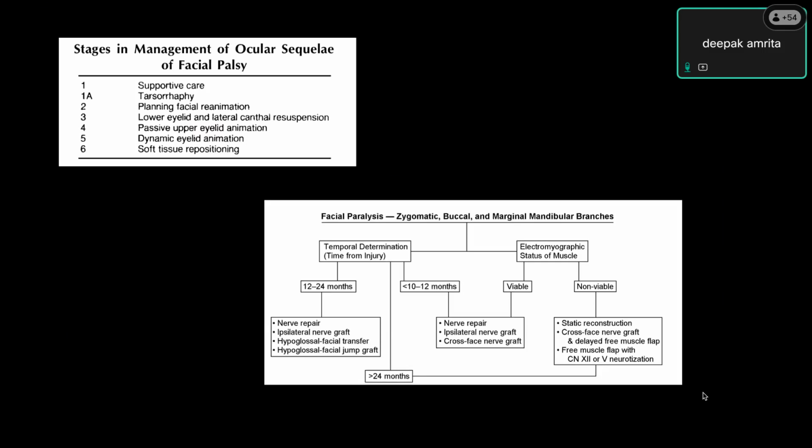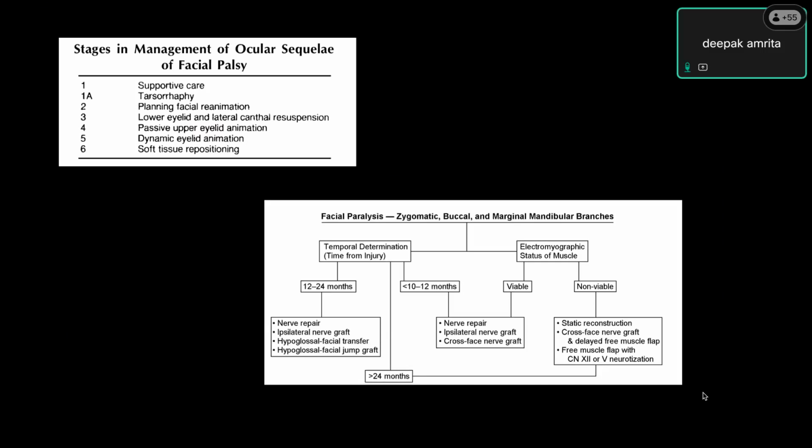Now, how do you treat the ocular sequelae of facial palsy? So these are the stages that you do. Initially you give supportive care. You try a tarsorrhaphy that can be temporary or permanent. If that doesn't work, you plan a facial reanimation, which has a lot of options.